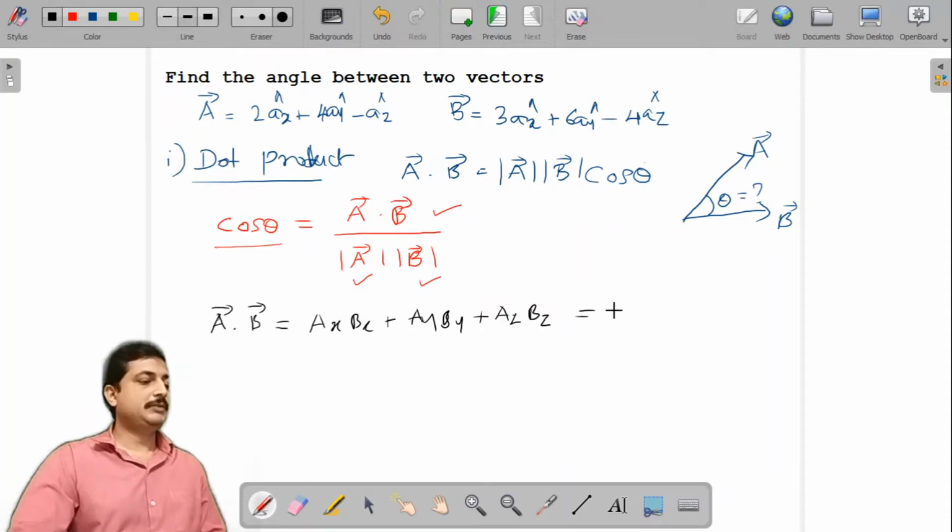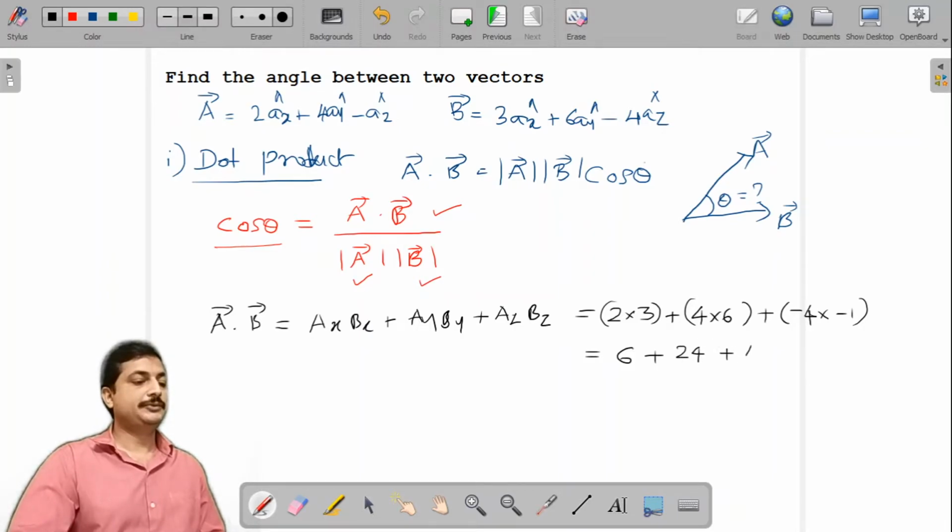So as per the given question, ax bx will be 2 into 3, plus ay by will be 4 into 6, plus minus 1 into minus 4. So this comes to 6 plus 24 plus 4, which is 34.